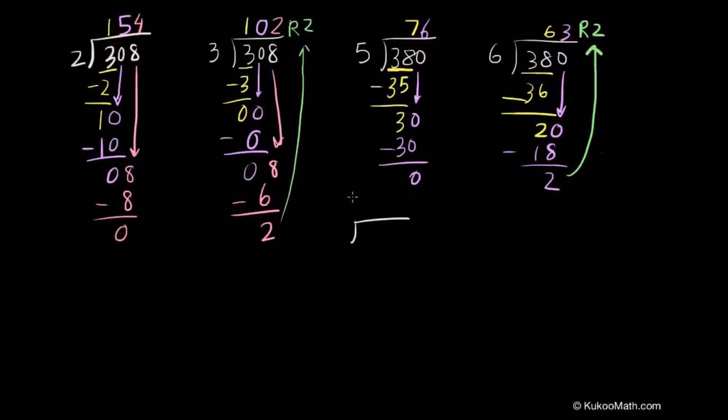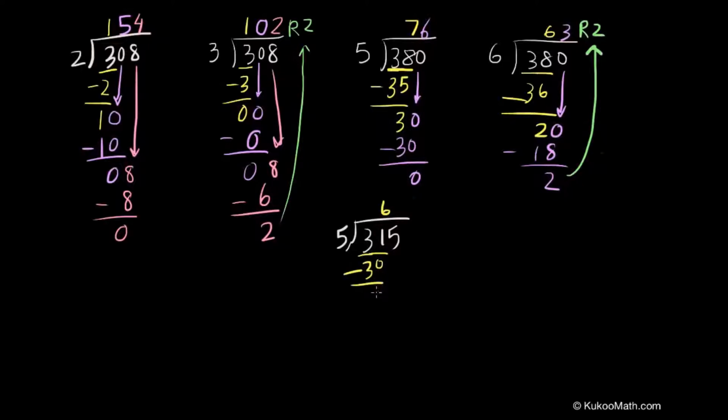Now let's look at another problem. Now we're going to do 315 divided by 5. Our first step is to see whether we can fit 5 into 3, and we can't, so let's look at 31. The closest we can get to 31 is 5 times 6, which is 30.